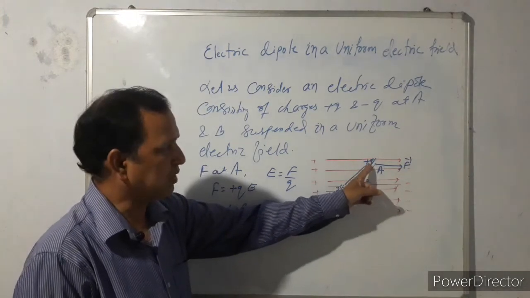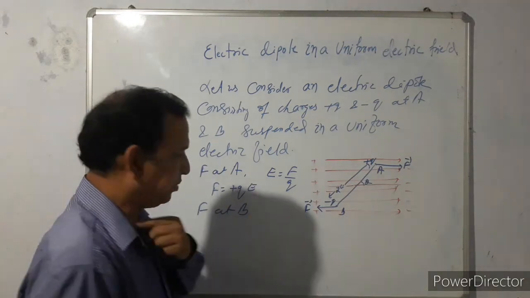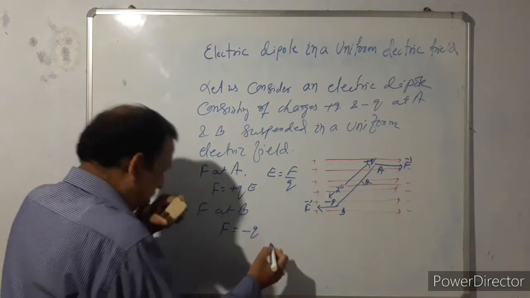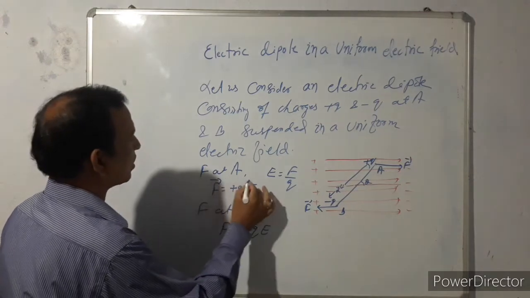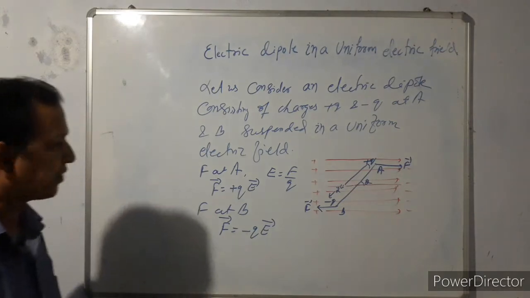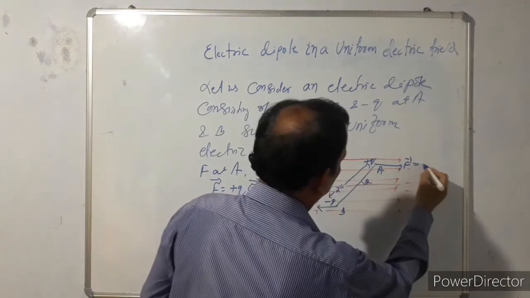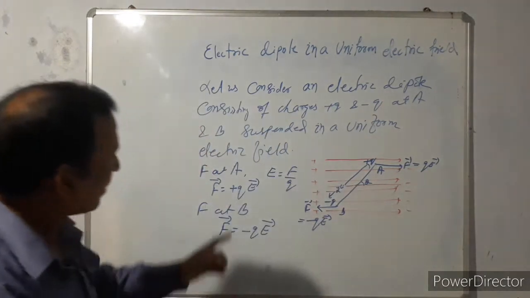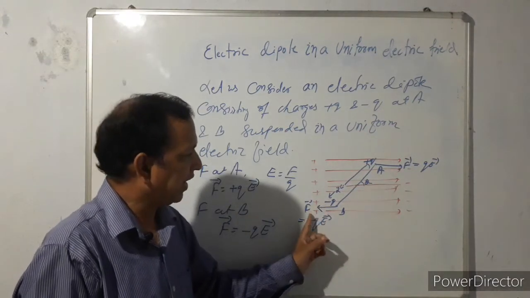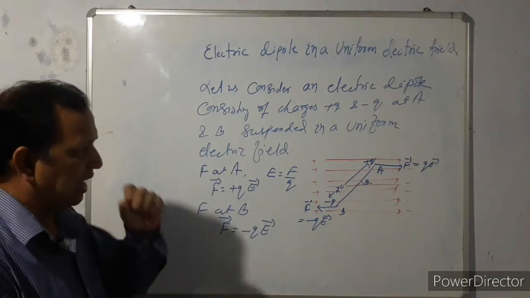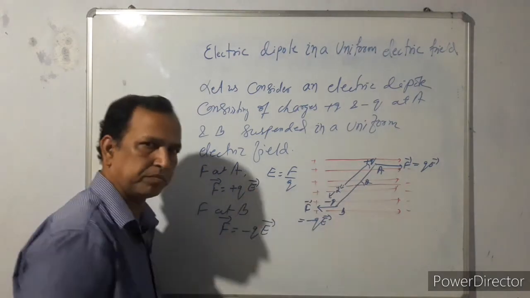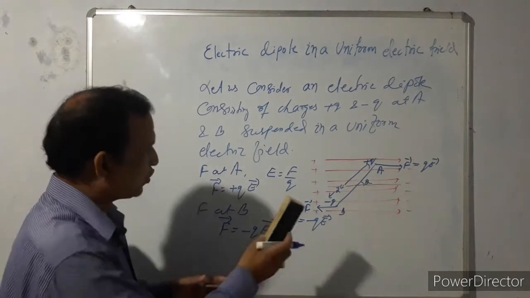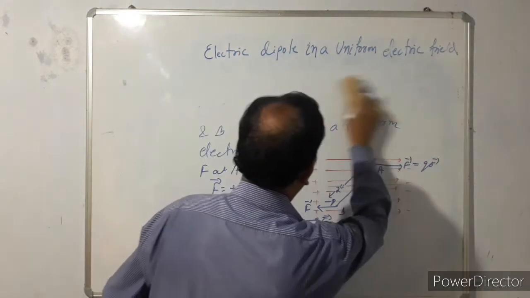A plus q is placed at A, minus q is placed at B. These two forces are not acting on a single line, so these two forces constitute a couple.